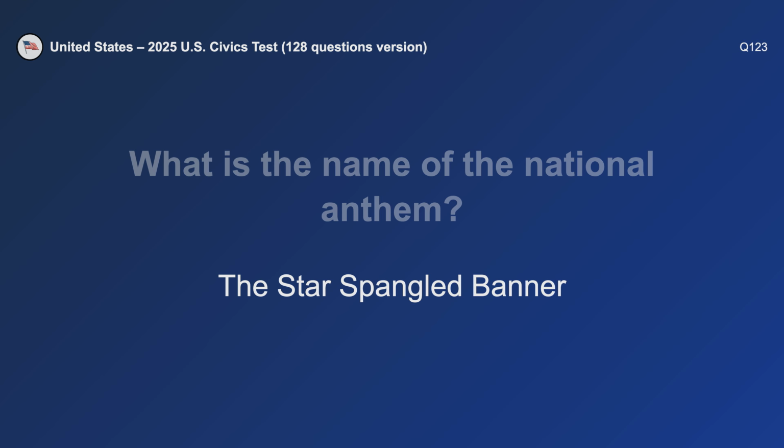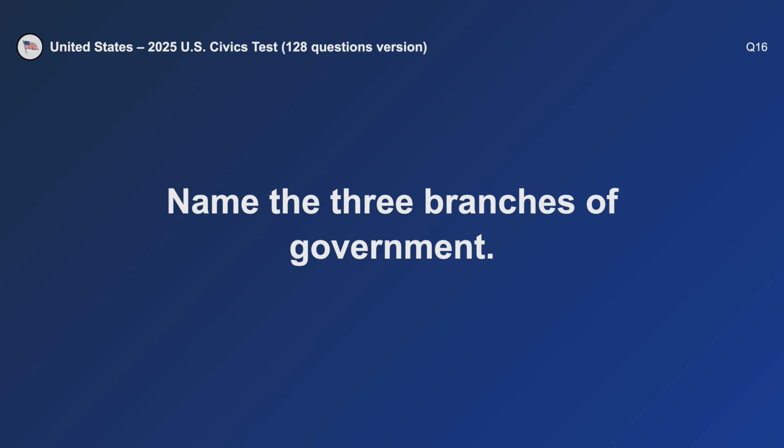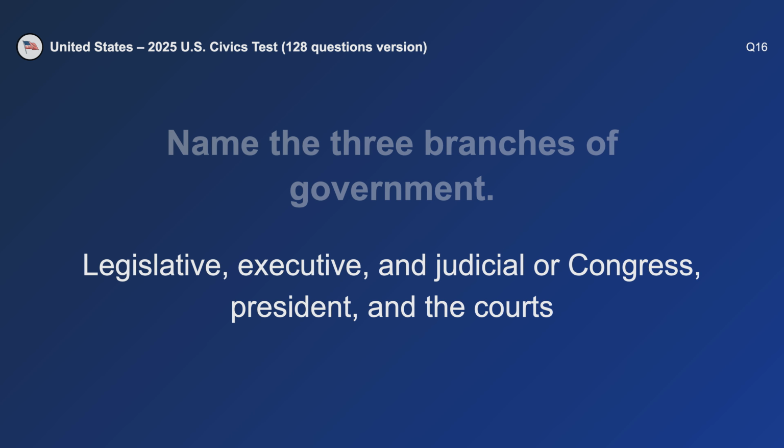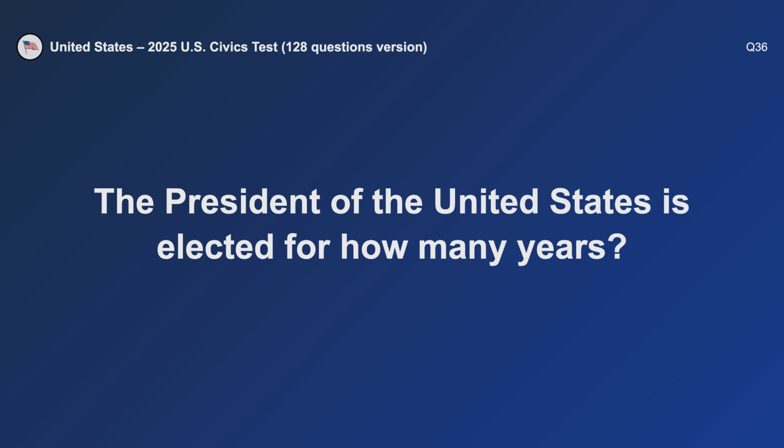The Star-Spangled Banner. Name the 3 branches of government. Legislative, executive, and judicial.